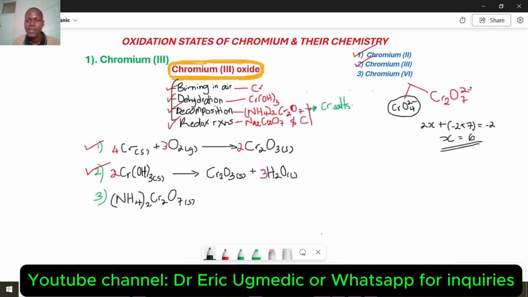When you look at this, and ammonia, which has just a positive charge, so I'll still do it the O-level way. Bring the 2 this side, bring the 1 here, and that's how we come up with the 2 ammonium molecules here in the ammonium dichromate, whatever, powder or a compound.